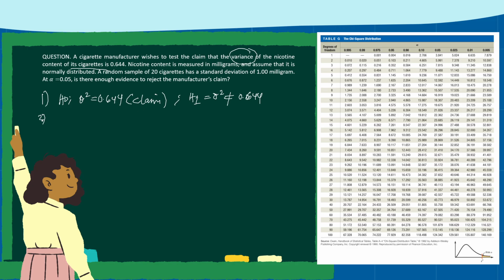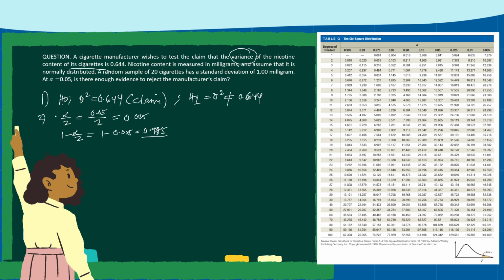Step number 2 is to find the critical value. Since this is a two-tailed test, the right tail is alpha divided by 2, which is 0.05 over 2, that is 0.025. And for the left tail, it is 1 minus alpha divided by 2, that is 1 minus 0.025, which is equal to 0.975.